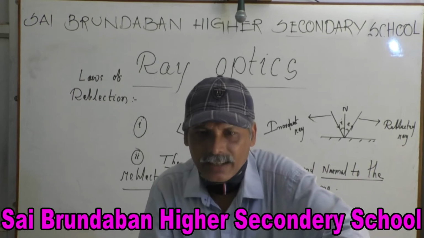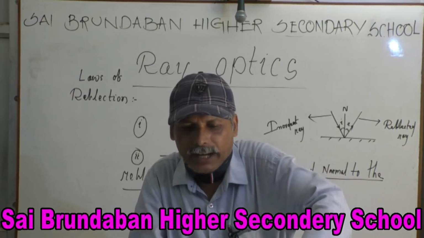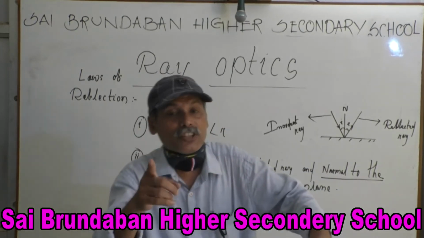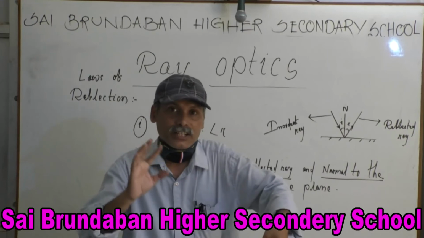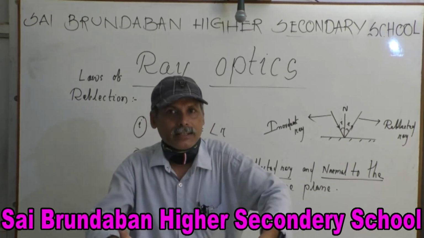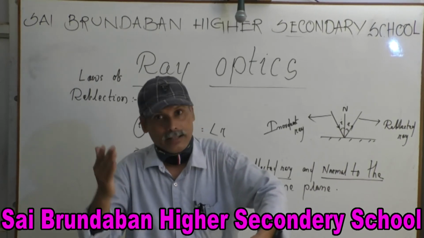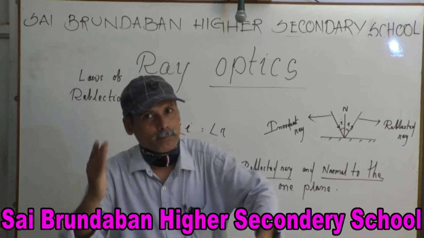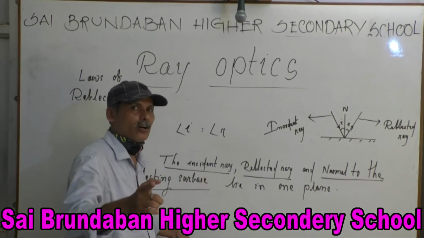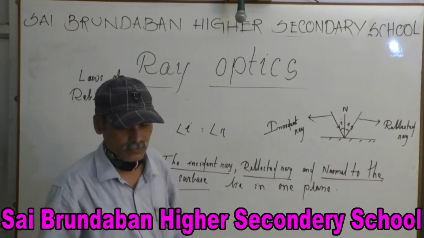All the three lines are also lying on a plane. So whatever may be the situation, the incident ray, reflected ray and the normal lie in one plane. This is the second law of reflection, and the first law is the angle of incidence equals the angle of reflection.